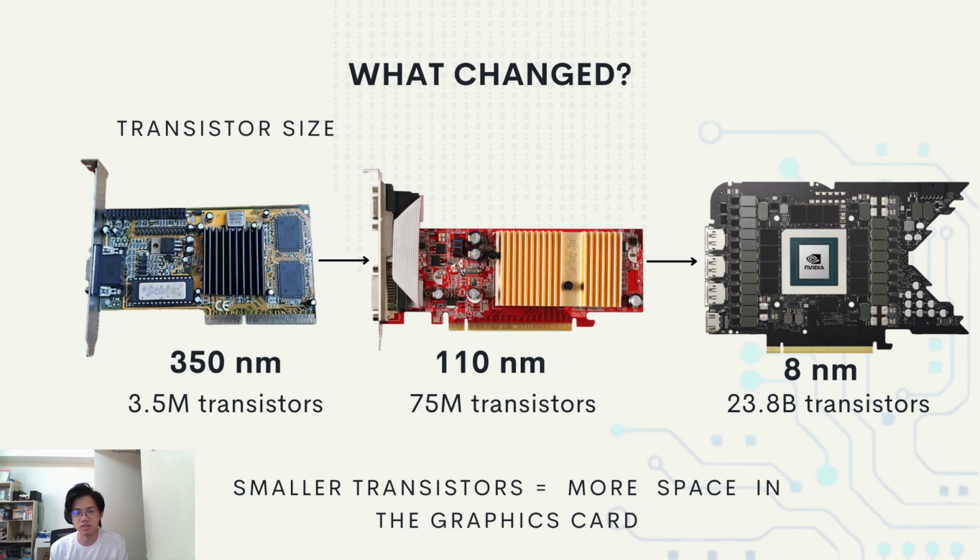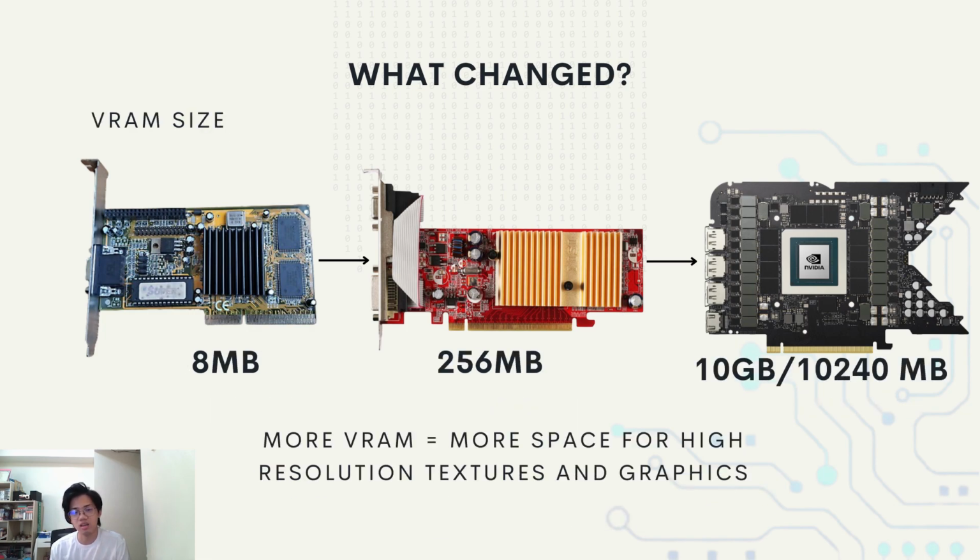The jump in the size of the transistors in these GPUs is quite large, coming from 350 nanometers to 110 to only 8 nanometers. Thanks to this advancement in the semiconductor industry, we can see that the RTX 3080, which is one of the top performing graphics cards right now, packs a whopping 28.3 billion transistors inside it.